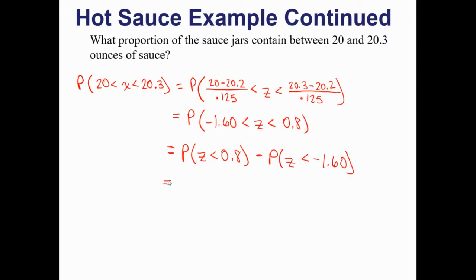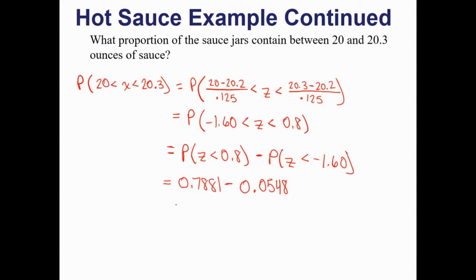What's that probability? 0.7881. And the other probability, as Riley said earlier, was 0.0548.